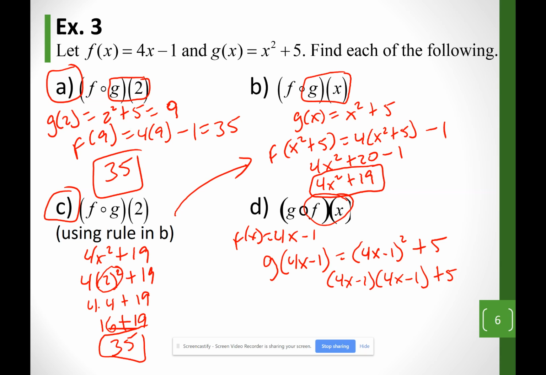Get rid of parentheses by doing FOIL, by distributing. So I'm going to have 16x squared minus 4x minus 4x plus 1 plus 5. Now to simplify, just combine your like terms, and I'm going to call this 16x squared minus 8x plus 6. It's easier when instead of x we use a number, but this is how you do composite of functions.